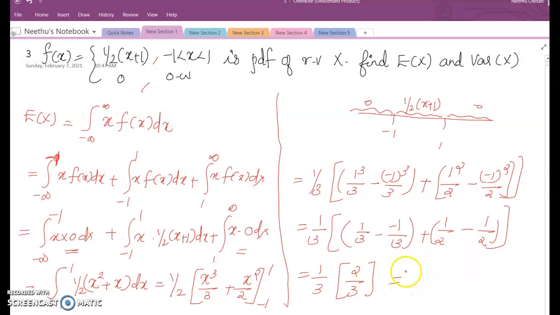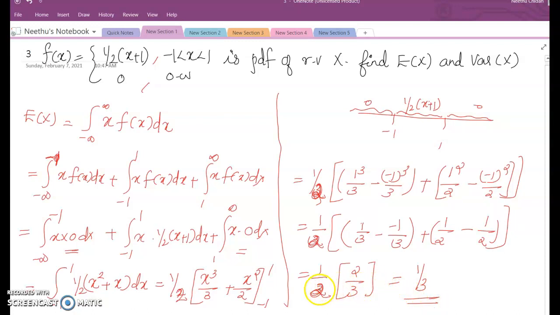I wrote 1 by 3 by mistake while copying; this is 1 by 2 everywhere. So 1 by 2 into 2 by 3, that is 1 by 3.